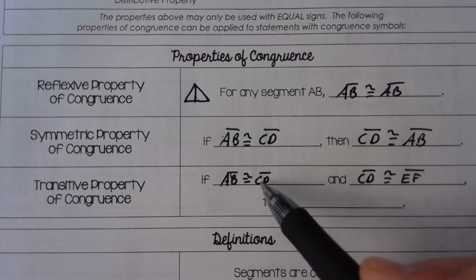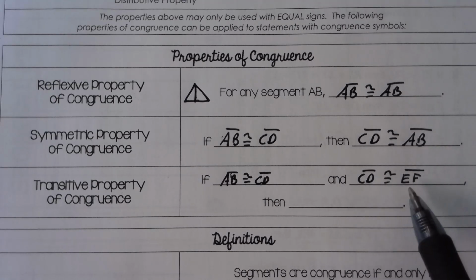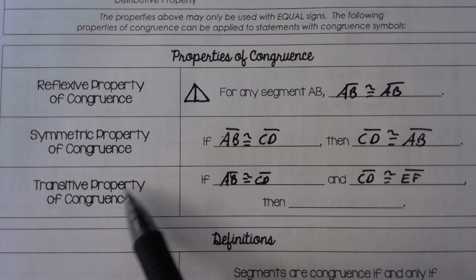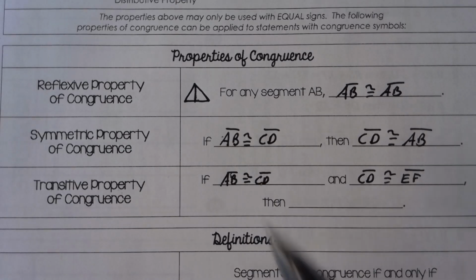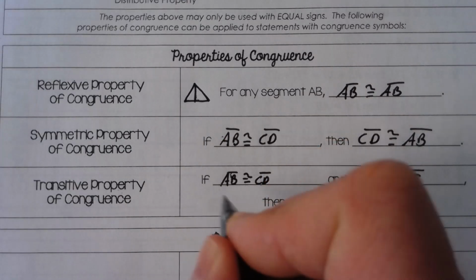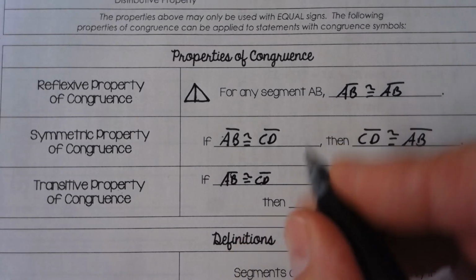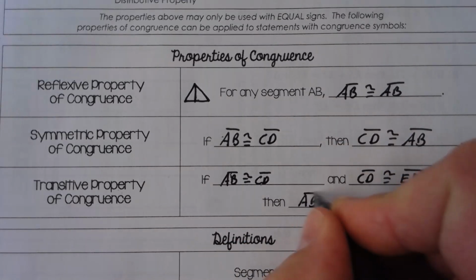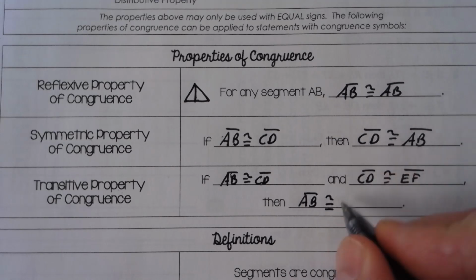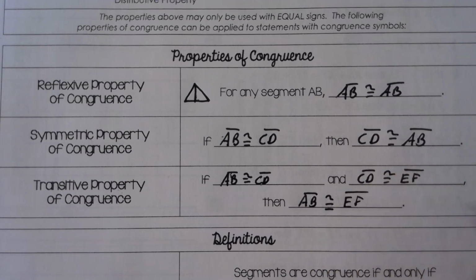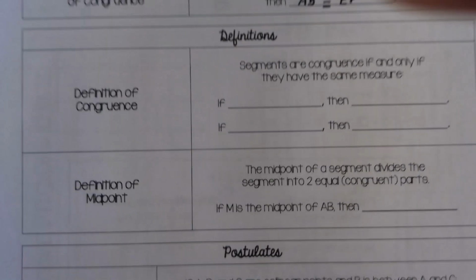Because AB is congruent to CD and CD is congruent to EF, I can say that AB is congruent to EF. This is your transitive property of congruence. You saw it in algebra: if A equals B and B equals C, then A equals C. But here we'll say AB is congruent to EF. So those are some properties of congruence.